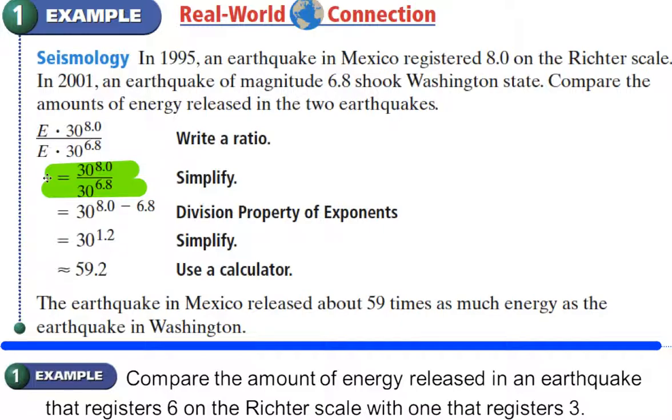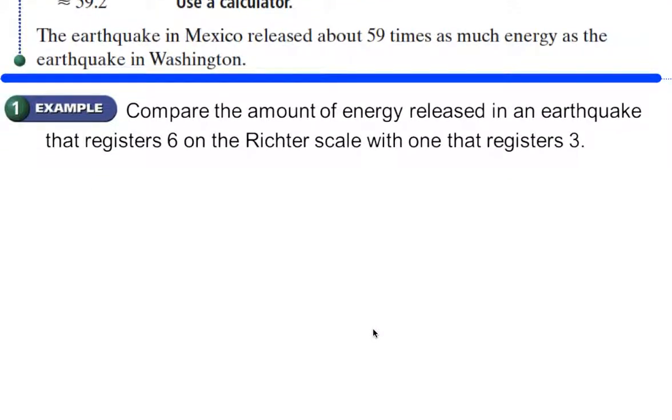When dividing powers with the same base, we keep the base, subtract the exponents, and we have 30 to the 1.2. You put that into the calculator and it says 59.2. So the earthquake in Mexico released about 59 times as much energy as the earthquake in Washington.